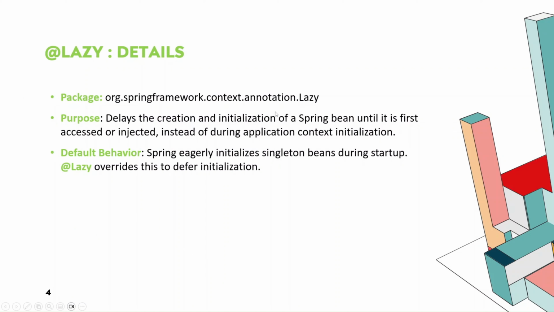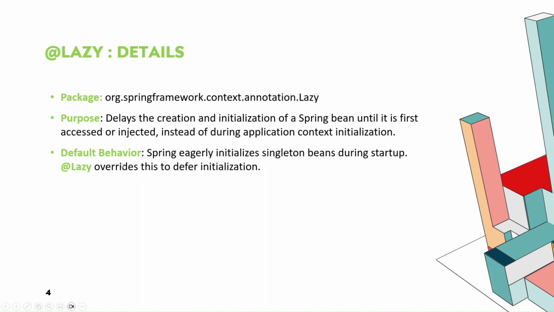This annotation is available in the org.springframework.context.annotation package. As I said, the purpose is delaying the creation of a Spring bean until it is first accessed, which means whenever you call the bean, only at that time the object will be created. Otherwise, if you don't put @Lazy, Spring is going to create the object for that particular bean.